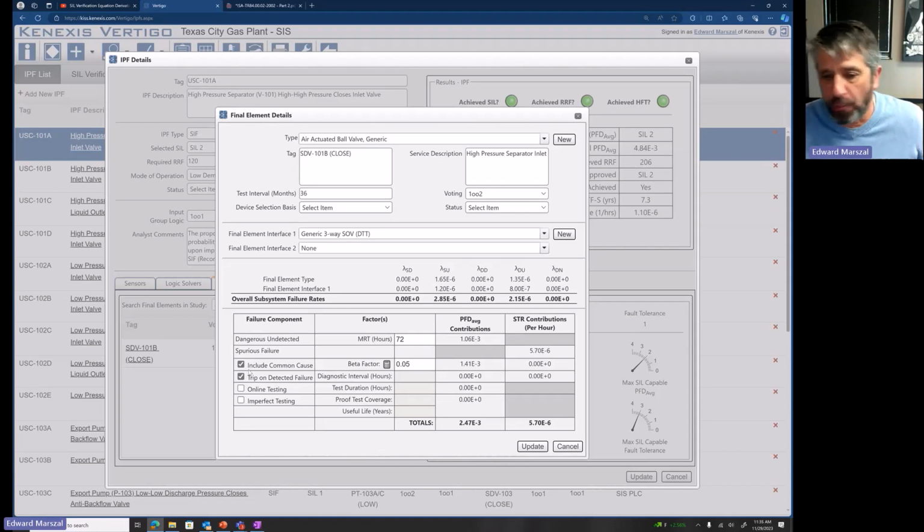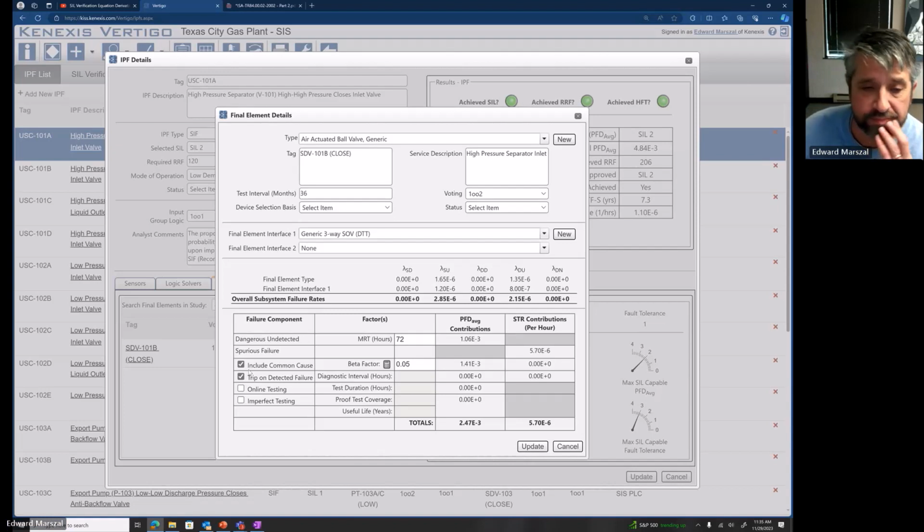LOPA doesn't consider that for that reason. Ultimately, the long and short of it is every LOPA scenario is independent, and the fact that you use the same safeguard in multiple LOPA scenarios doesn't change anything about how you do your PFD calc, and it doesn't change anything about how you do your LOPA.